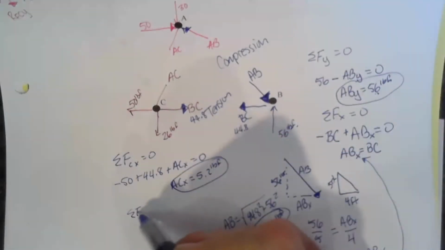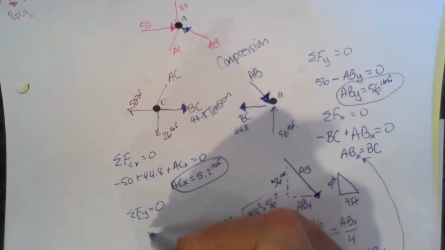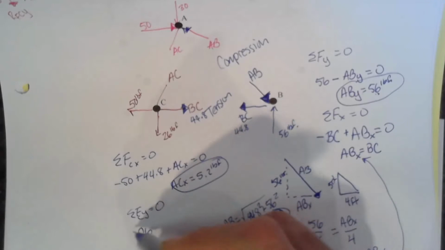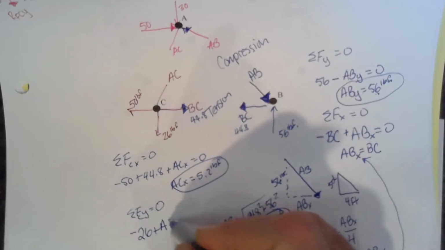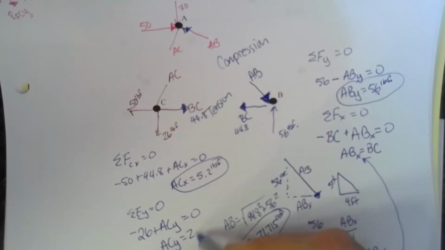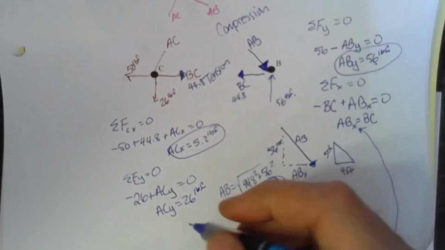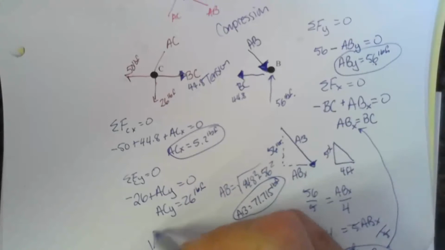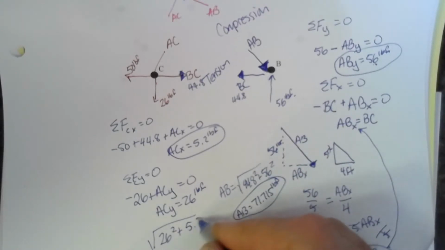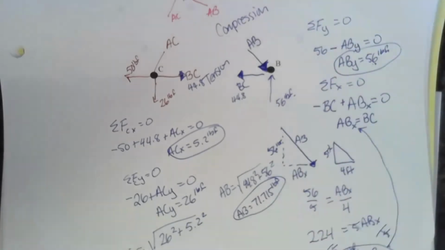And the sum of the forces in the y at C has to be 0. And we've got 26 coming down, plus AC in the y equals 0. So AC in the y is 26 pounds of force. And therefore, square root of 26 squared plus 5.2 squared will tell me how much AC is, and I'll be done.